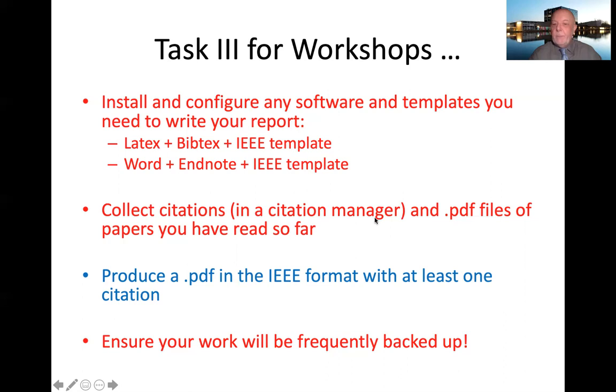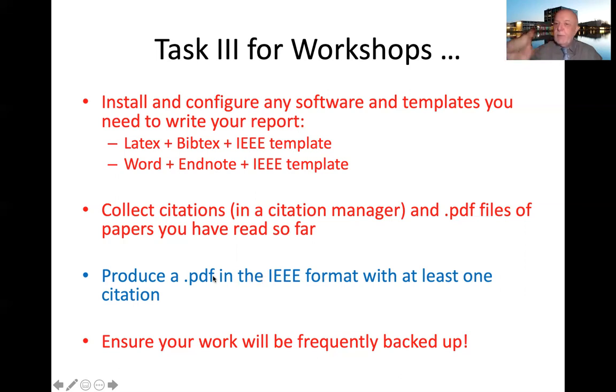Okay. And then once you've done all that, what I'd like for the workshop is for you to produce a very simple PDF document in the IEEE format that you've downloaded, okay, with a very small amount of text, maybe a paragraph of text, and include in that one citation, so one paper, and have that paper included in the text as well.